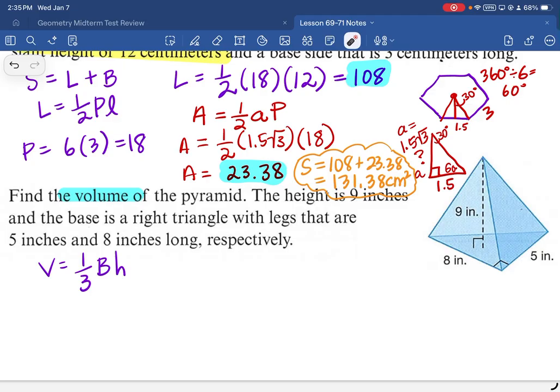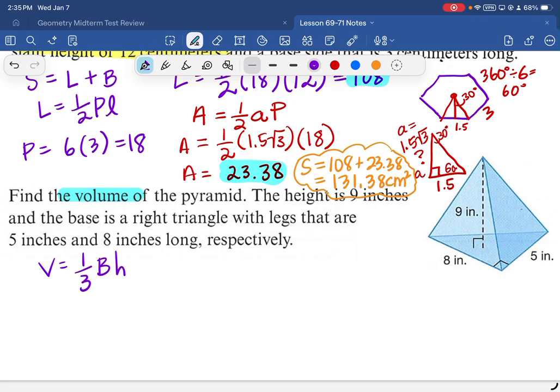Okay. Kellen, I didn't finish. Oh, it's okay. Don't rush. You divide by the 1/3, right? Correct. Divide by 3.